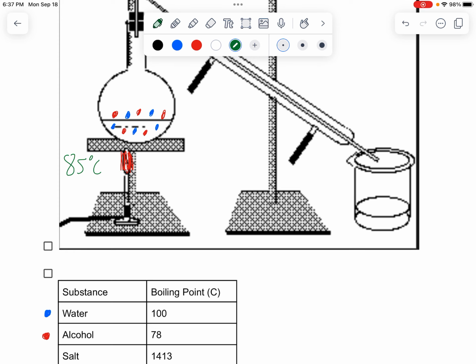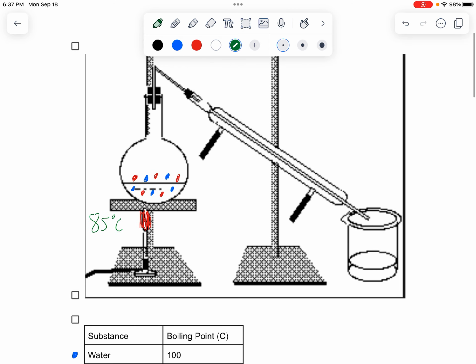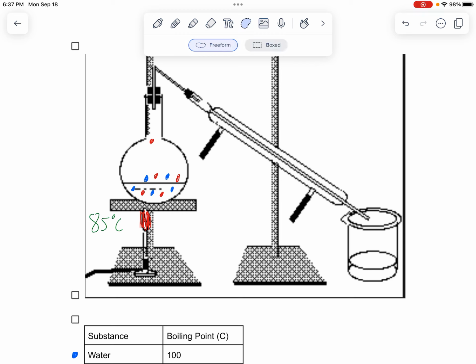So if we get it to 85, well, what's going to happen? Well, our alcohol, that's too hot for it. It's going to want to boil. But our water doesn't really care. It doesn't boil till 100. So what'll happen is our little alcohol molecules will start to boil into a gas, and they'll kind of want to come up here and come over here, right?